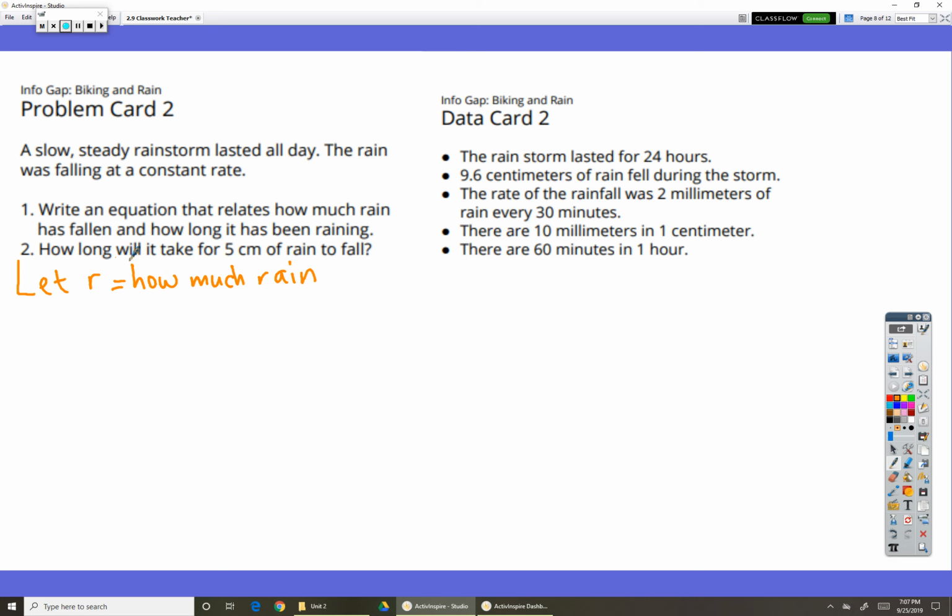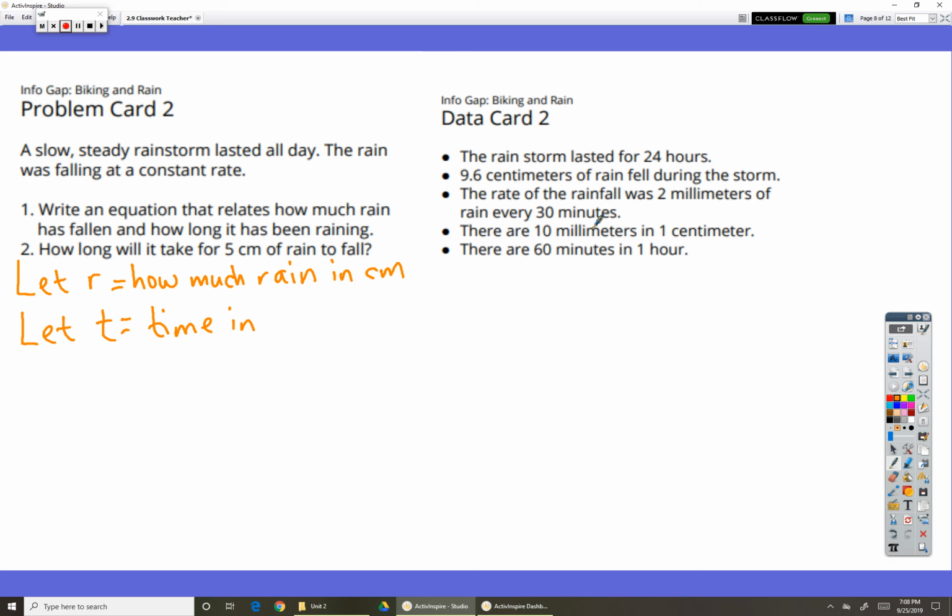Well, it says, how long will it take for 5 centimeters of rain to fall? So I might find this in centimeters, the amount of rain in centimeters. And then I need to know how long it has been raining. So I like to use T for any kind of time, represent the time in, let's see what I should use for my units for time.